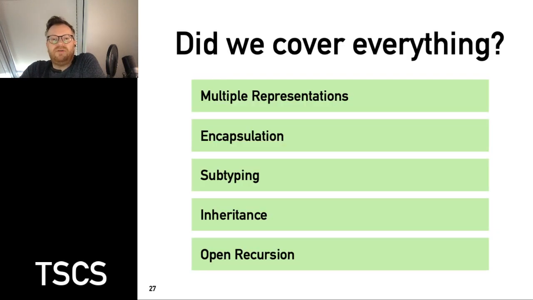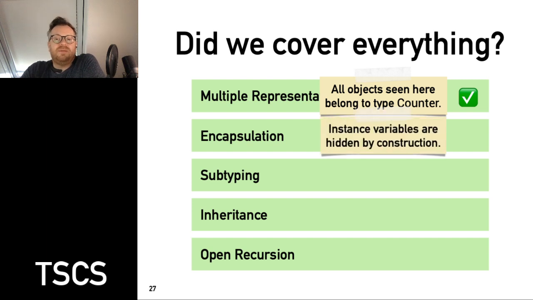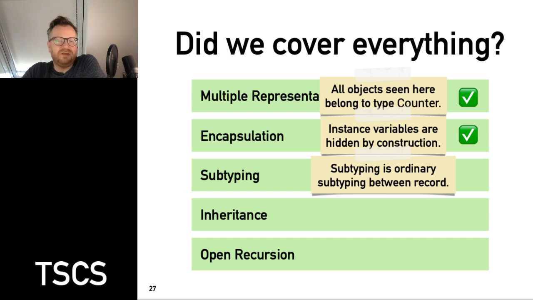So, did we cover everything? Well, all objects that we've seen here belong to the type counter, so we do have multiple representations for the same thing. Fine. Instance variables are hidden by construction. We also did that. That's pretty good. Subtyping. Well, subtyping is ordinary subtyping between records. We made our lives there very easy, so this is fine.